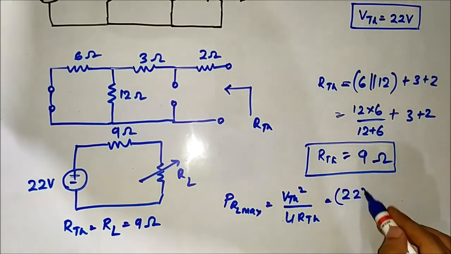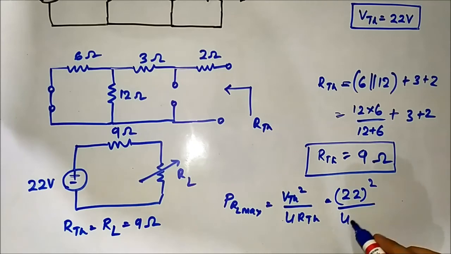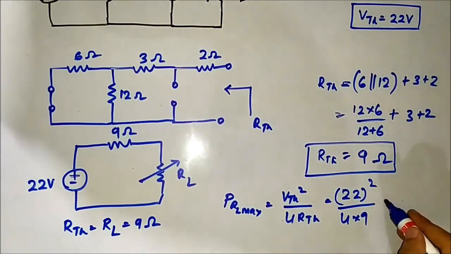Which is equal to 22 square by 4 into RTH, which is 9. So let us calculate how much it is coming. 22 square by 36 is coming 13.44 watts.